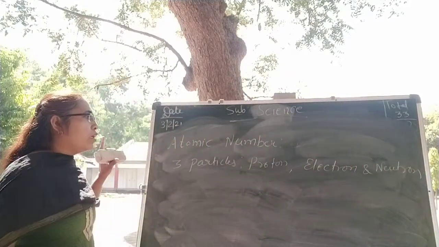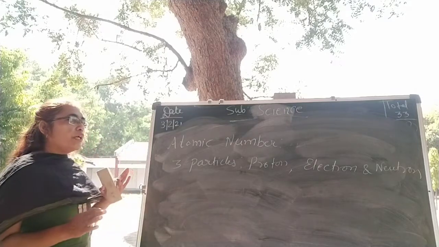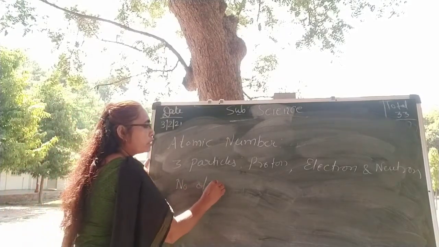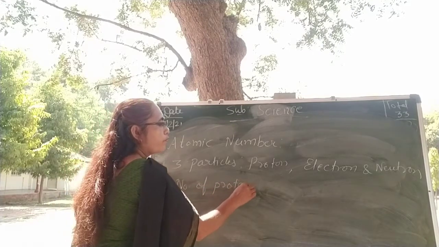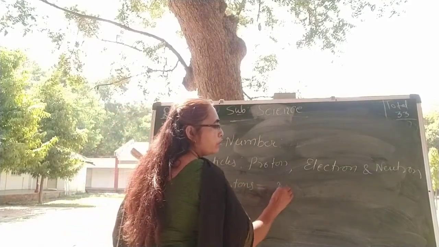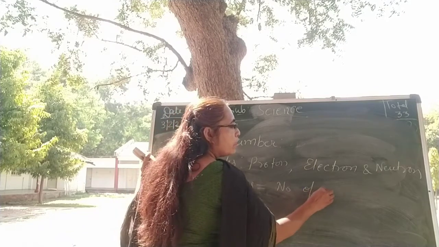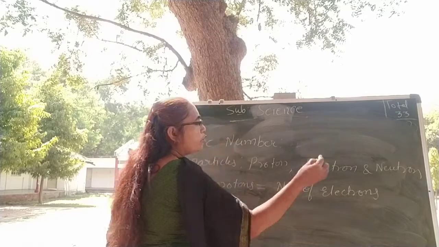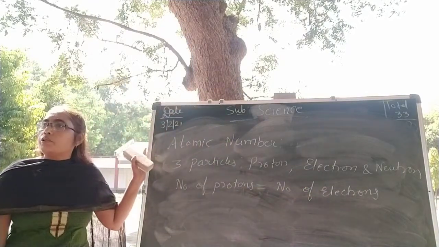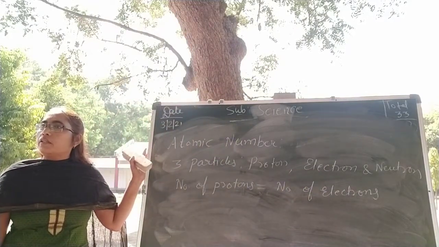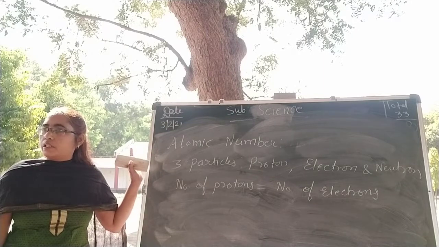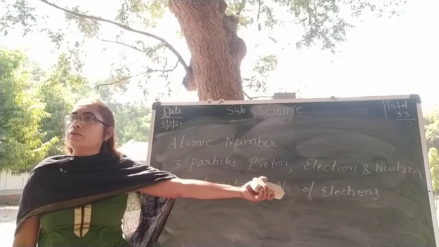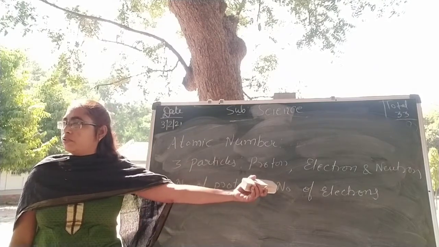Now we find that in an atom the number of protons is always equal to the number of electrons. For example, in sodium, if there are 11 protons, it means that there are 11 electrons also. So the number of protons is always equal to the number of electrons.